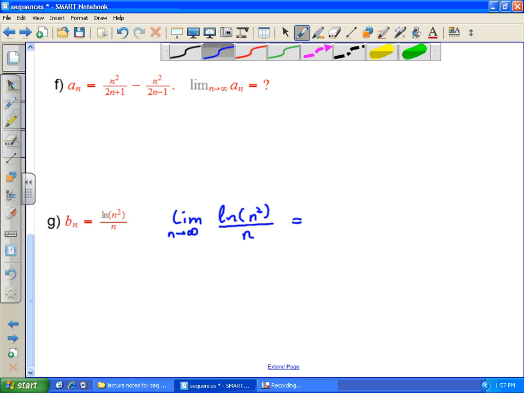We've just proven something about ln n over n. But ln n squared might be a little bit different. Who knows? So let's use L'Hopital's rule to try to prove this. We're beginning with infinity over infinity, so you can use L'Hopital's rule here. Let's simplify the top first. That's the same as 2 ln n over n.